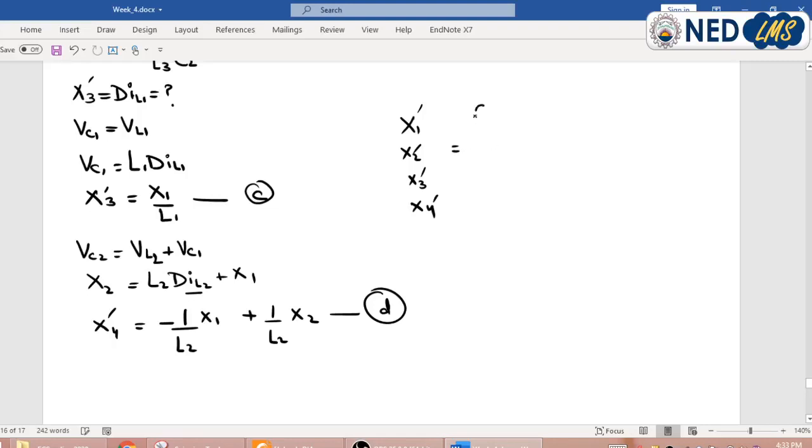So I can write the state space matrix here. I will not write it here, I will just draw the format.